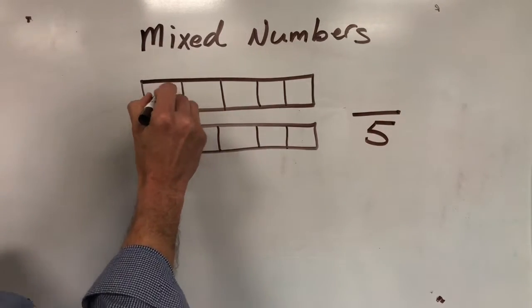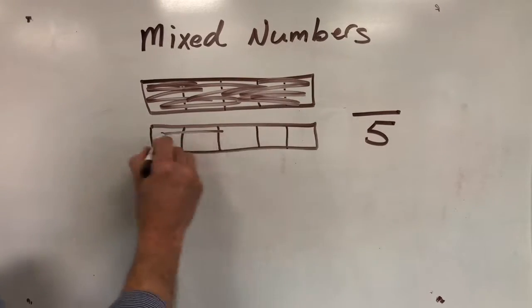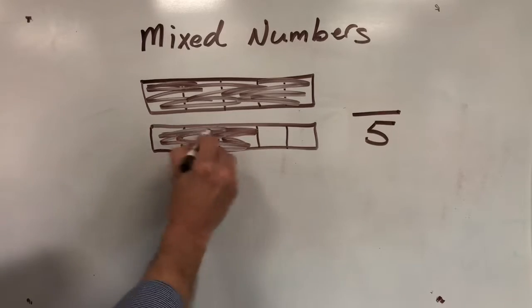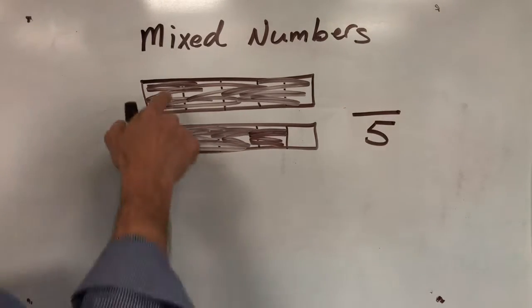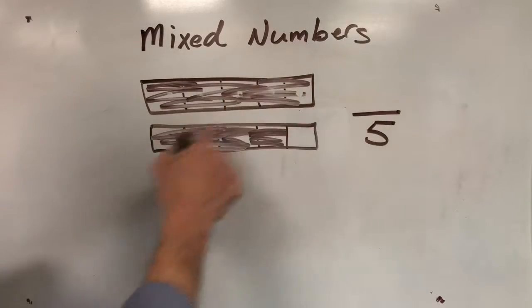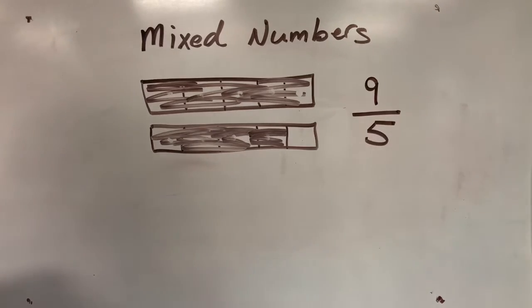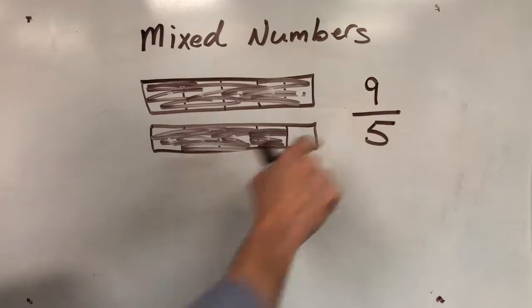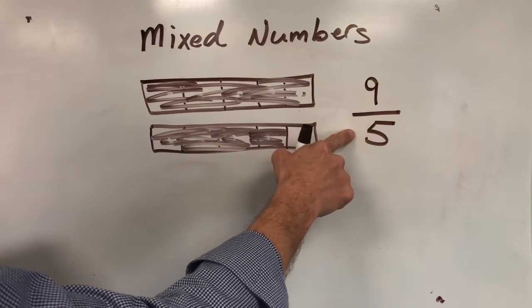And let's say that all of these are shaded and most of this one is shaded, but there's only one that's not. 1, 2, 3, 4, 5, 6, 7, 8, 9. 9 becomes the top number. So let's take this 9 over 5. That's not a mixed number right now. This is an improper fraction.